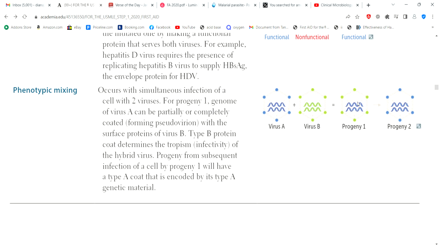So when this makes another baby, it will have the virus A coat, the coat of type A. That's why this is blue. See this? Phenotype mixing.